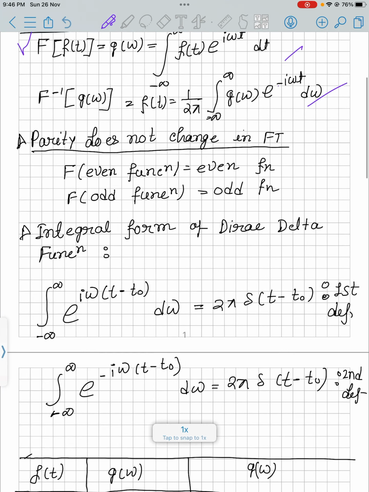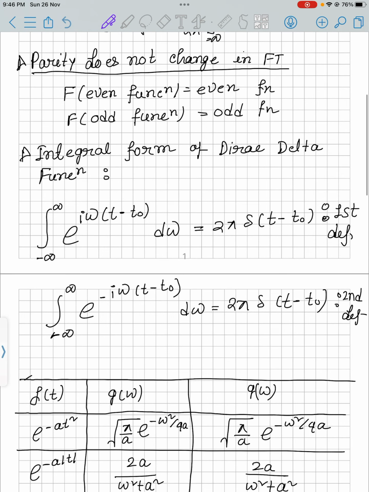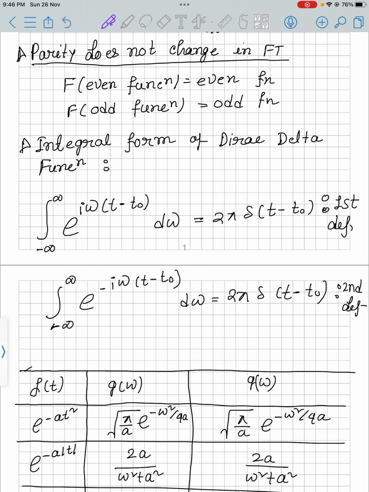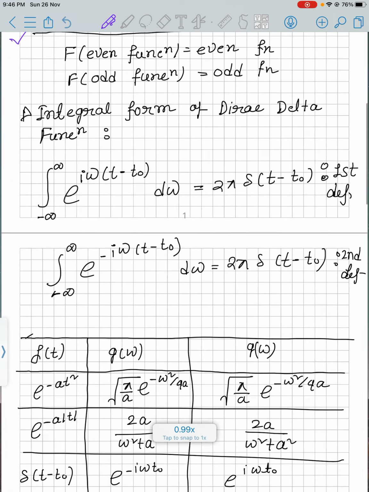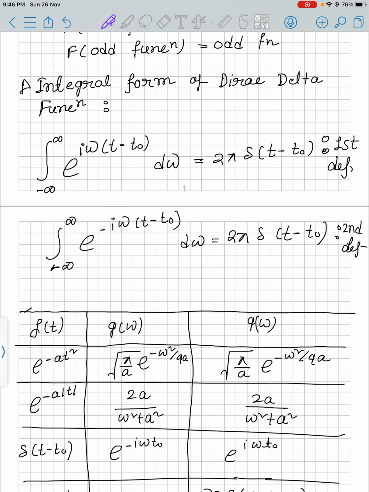Now you can see these properties. You can take a screenshot also. Here parity does not change in the Fourier transform. Okay, so the integral form of the Dirac delta function, I have noted it down: the integral of e to the power i omega (t minus t0) d omega equals 2 pi delta(t minus t naught).